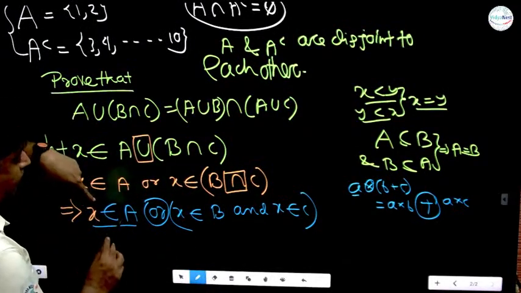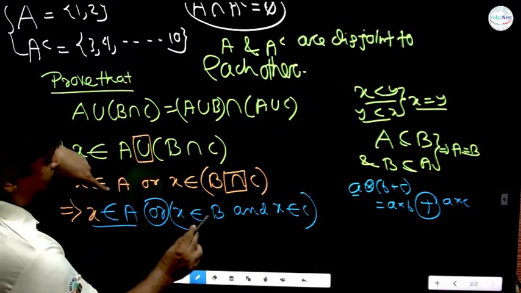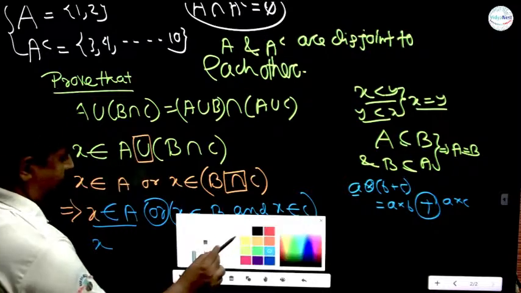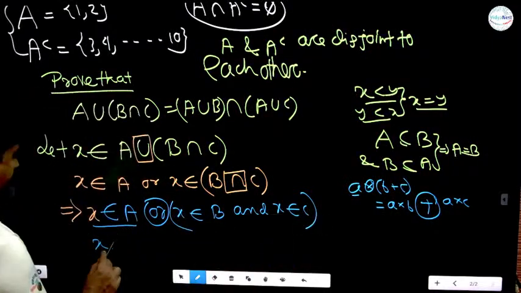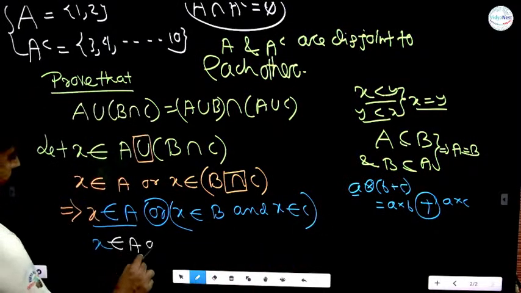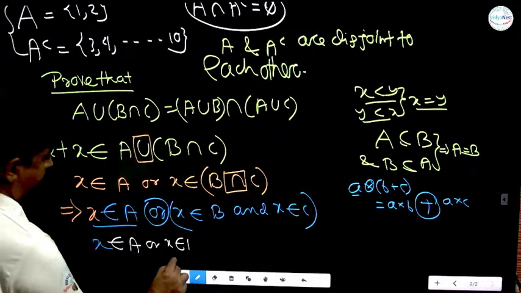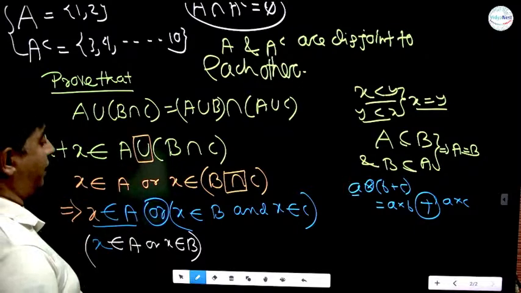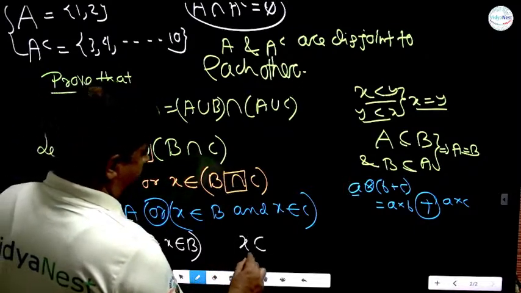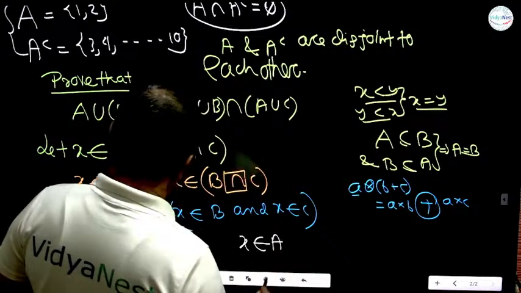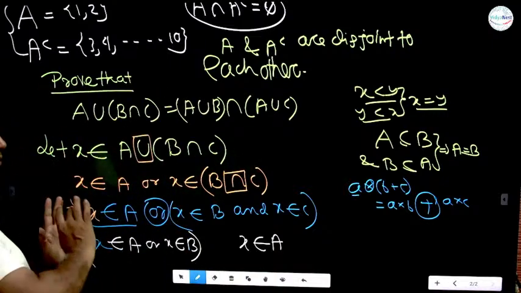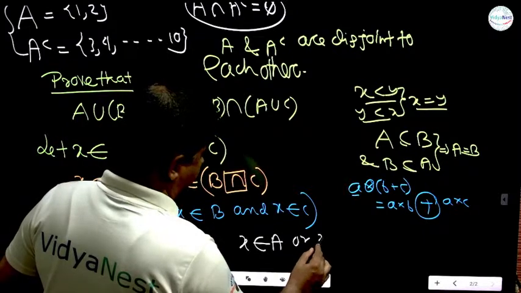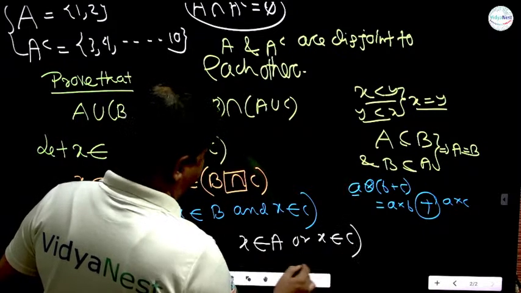x belongs to A will be clubbed with B with an OR sign, if I remove this bracket, and the same x belongs to A will be clubbed with C with an OR sign.